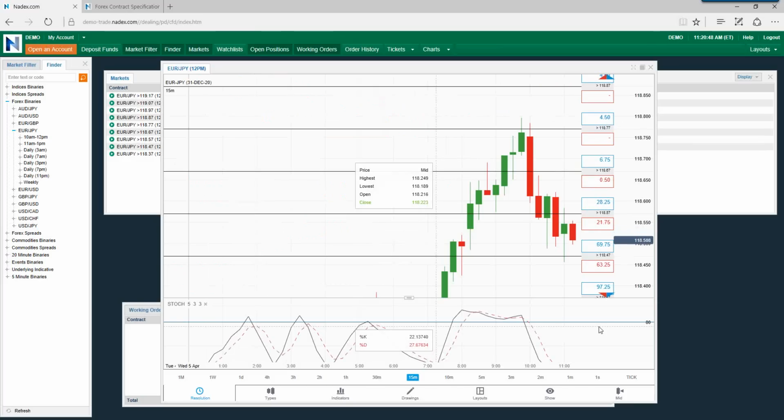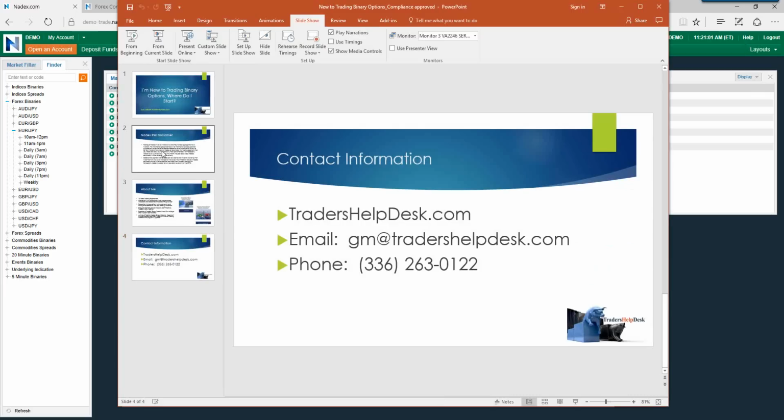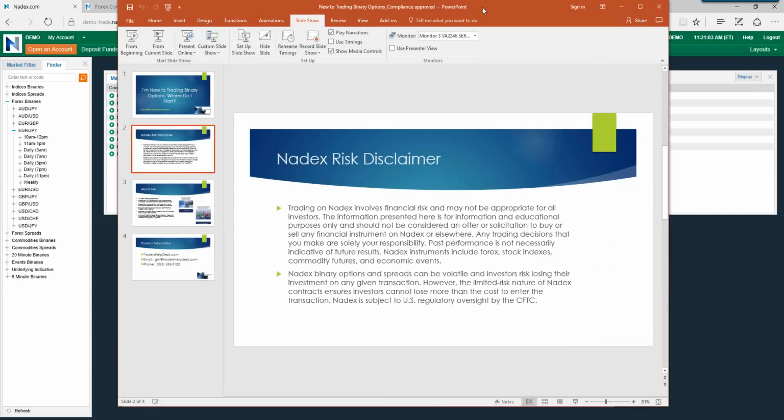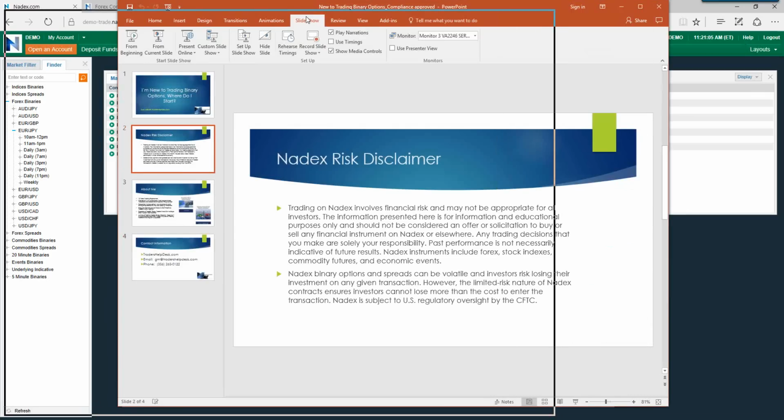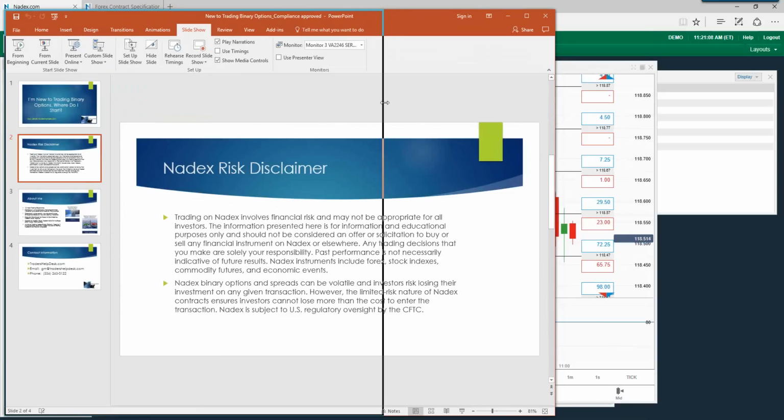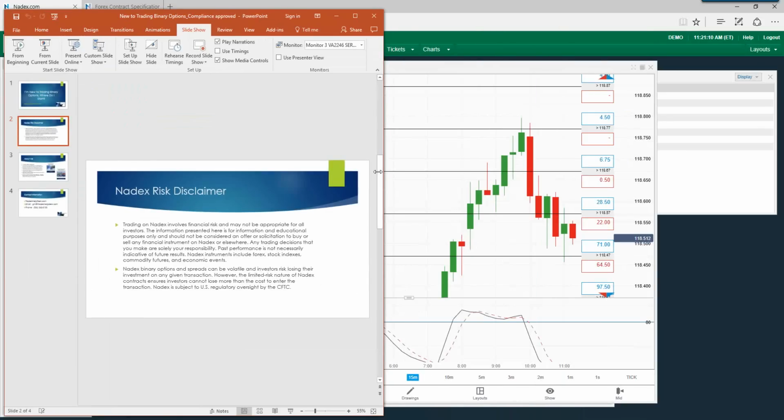Now, if you buy, how do you get it to sell? Okay, let's say, and I'm going to bring the disclaimer back up just because I want this visible because I'm going to try to sell a binary option.